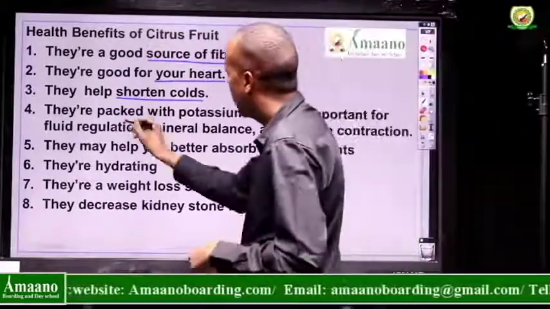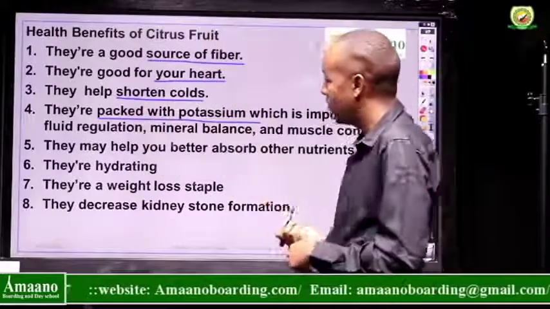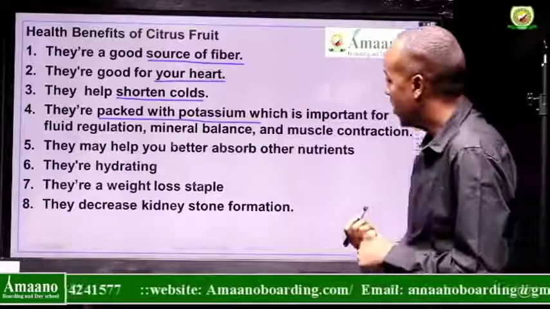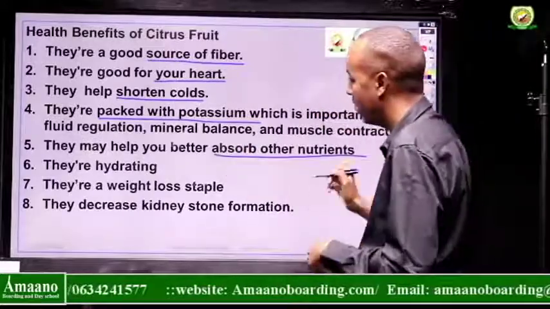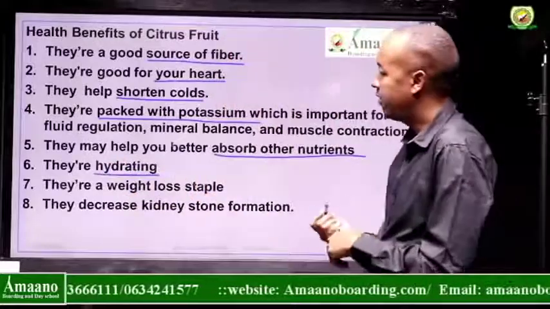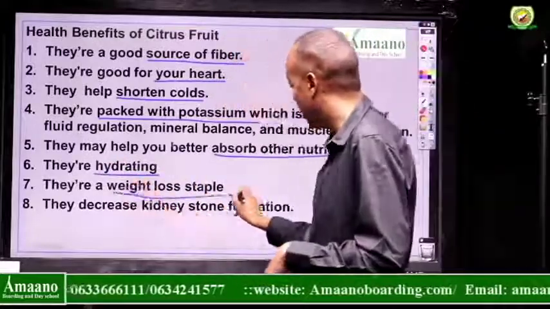They are packed with potassium, which is important for fluid regulation, mineral balance, and muscle contraction. They may help you absorb other nutrients. They are hydrating because they have a lot of fluid and water. They are also a weight loss staple food.